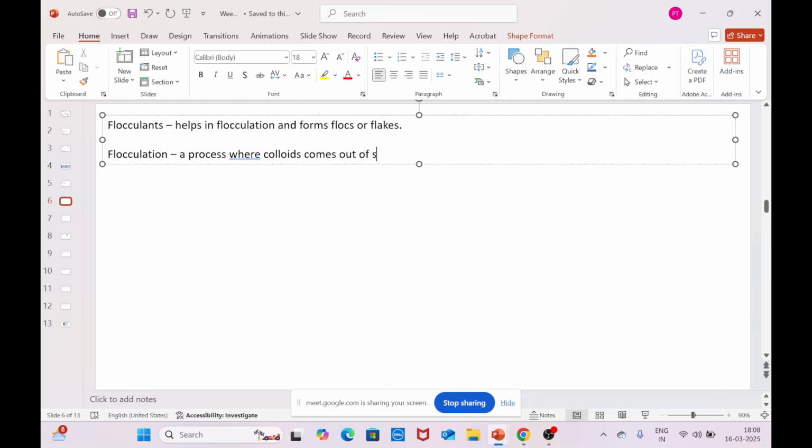So the definition of flocculation is this. You basically have a suspension, and then, either spontaneously or by adding some sort of agent, a colloid comes out of the suspension in the form of flocks or flakes. You call that process flocculation. And if you use some agent for this process to happen, then you call that agent a flocculant.